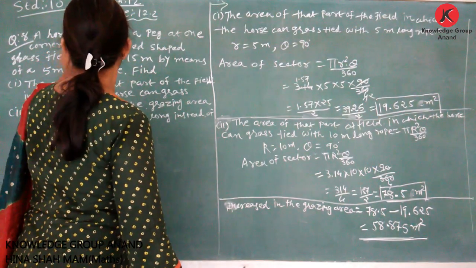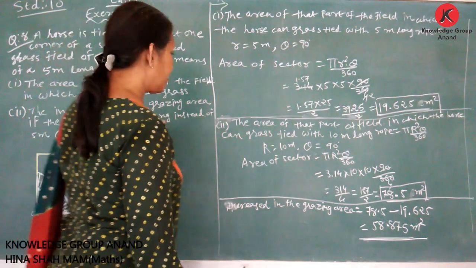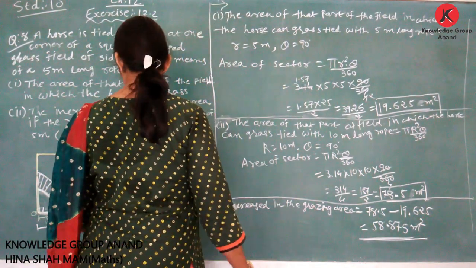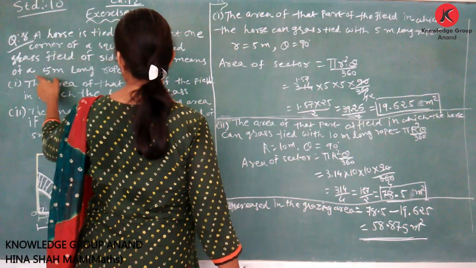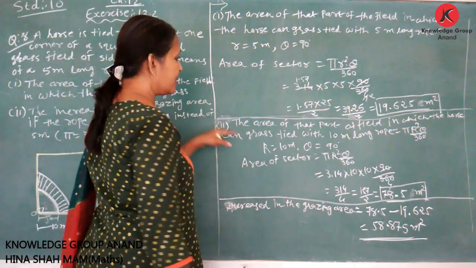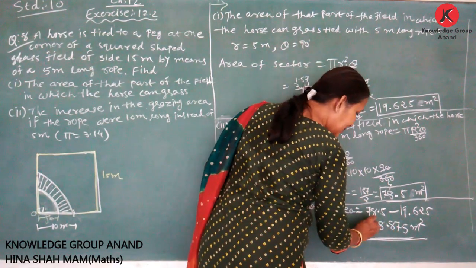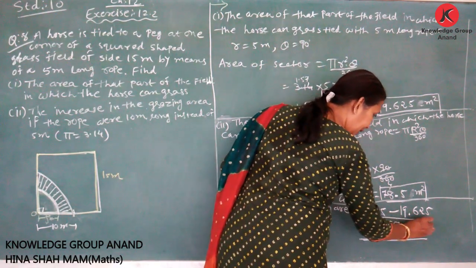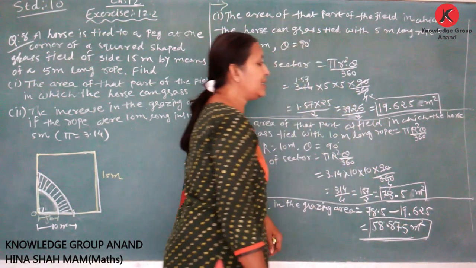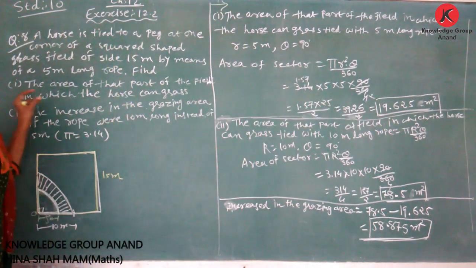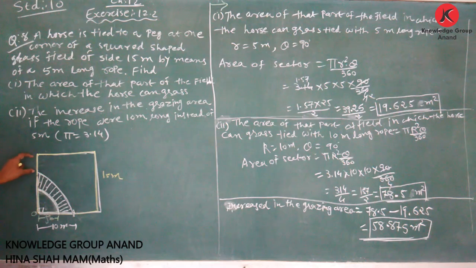The side is 15 meter and the rope length is 5 meter. Increased to 10 meter, then the last answer is equal to 58.875 meter square. In the textbook you saw this figure.